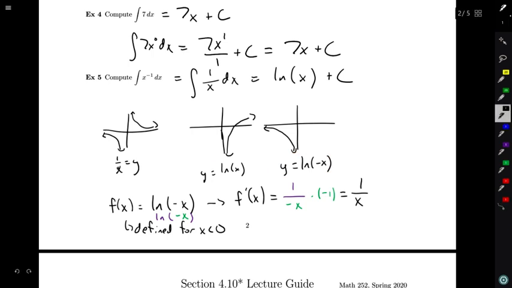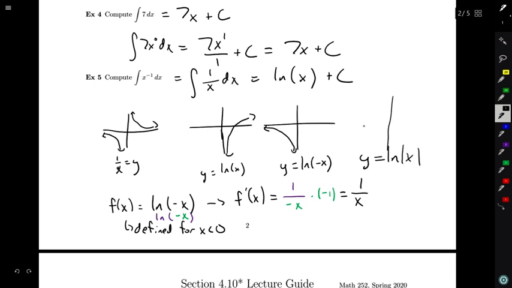And the way that we do that is we draw the function y equals natural log of the absolute value of x. Natural log of the absolute value of x makes every x value positive, which means that for positive x values, it leaves them alone, and for negative x values, it takes the negative of them.